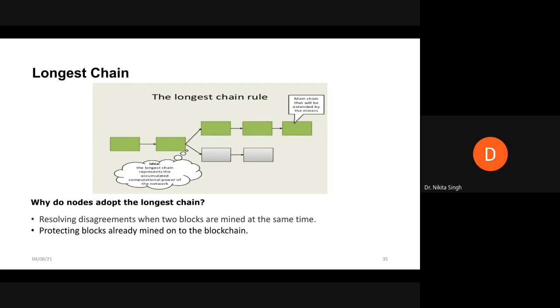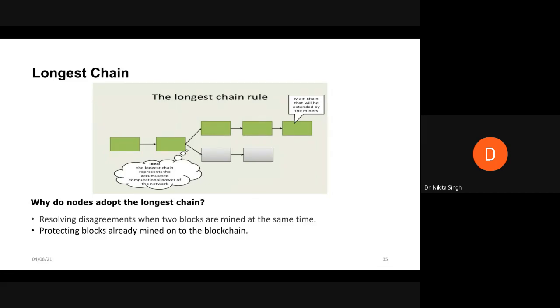I include the previous block header. I generate a Merkle root hash. I get a hash value which is less than the difficulty target. At the same time, there was another miner who was using his computational power. He included some transactions and he was repeatedly trying to invoke the hash function on its input to get a hash less than the difficulty target.